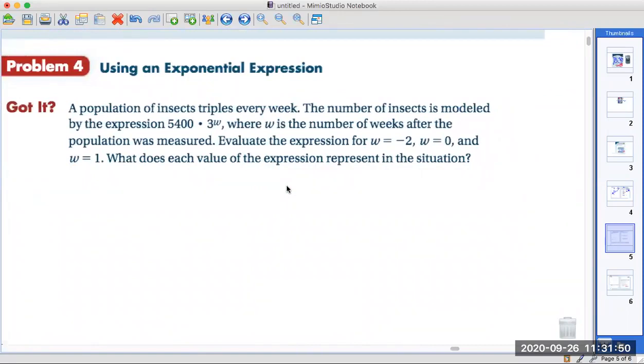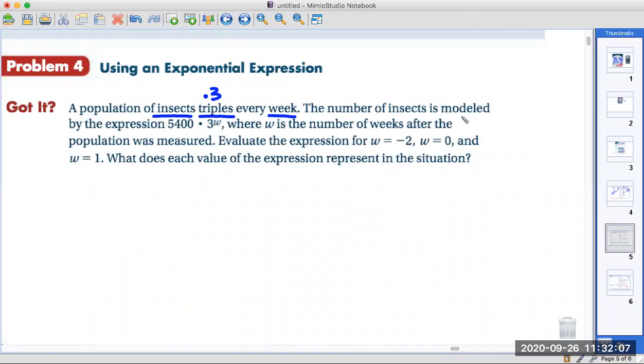So this is where the fun starts. This is why these things are so important. A population of insects triples, times 3. Tripling means times 3 every week. This is our unit. We're counting by weeks, okay?